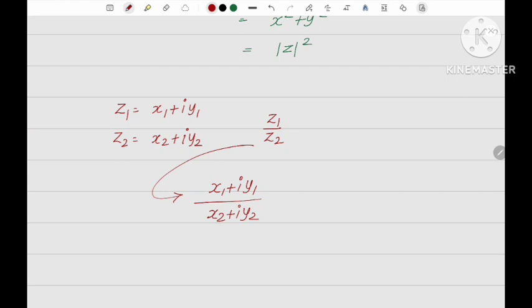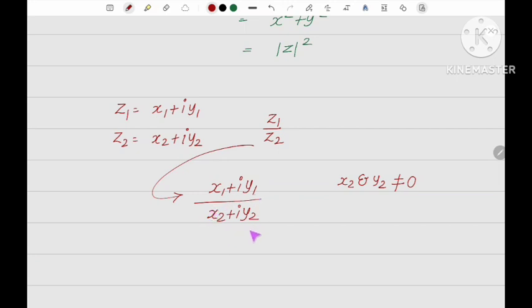Now just remember this, as long as you are into complex numbers: whenever you get a complex number in the denominator, of course you have to put the condition that x2 and y2 are not simultaneously equal to 0, otherwise the denominator will be 0 and that division will not be defined.